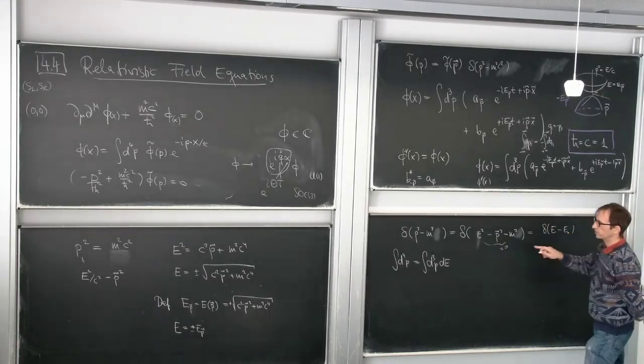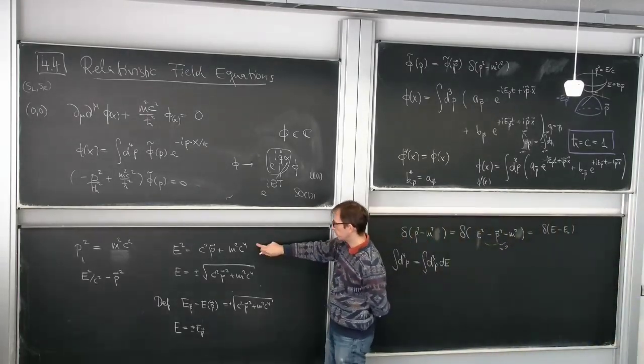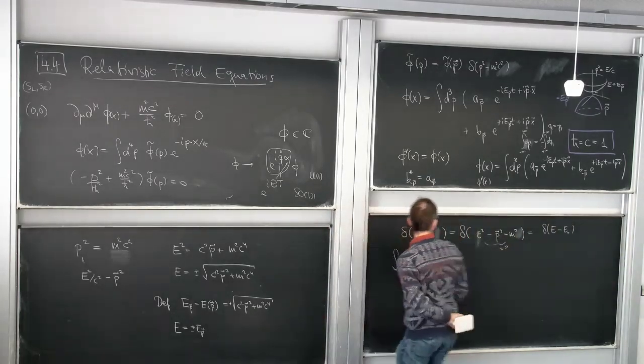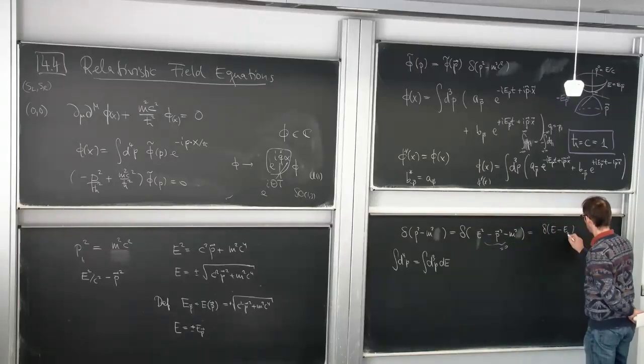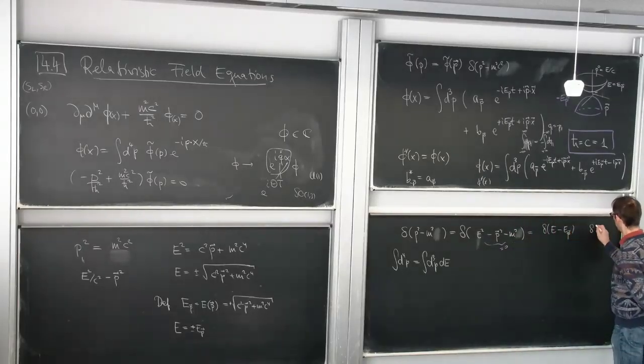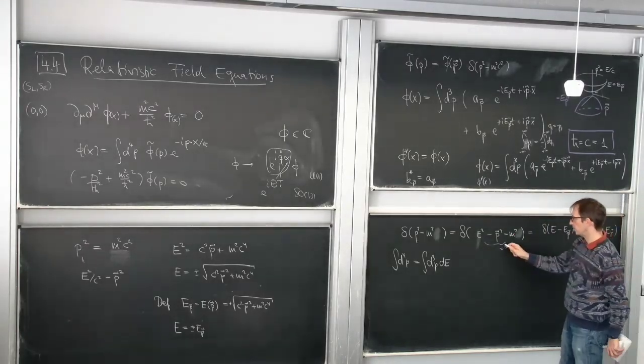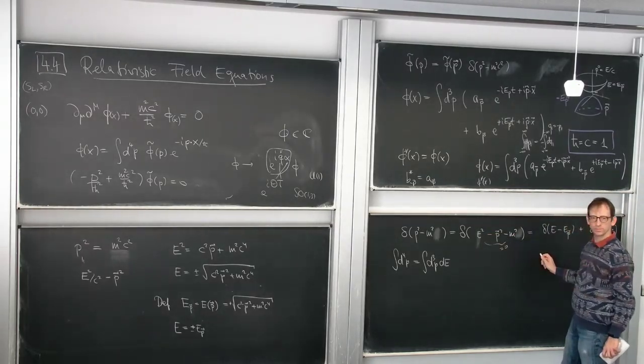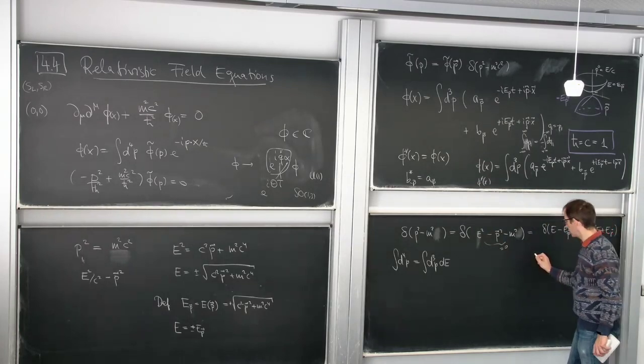0 means the root. We have done this. The solution to this equation, equals 0, is that. So I have the positive energies, and then I have the negative energy. And then the formula says you have to also differentiate. You remember this delta formula business?